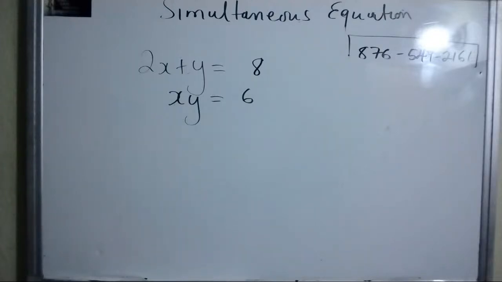So we have 2x plus y equal 8 and xy equal 6. How would you approach that?